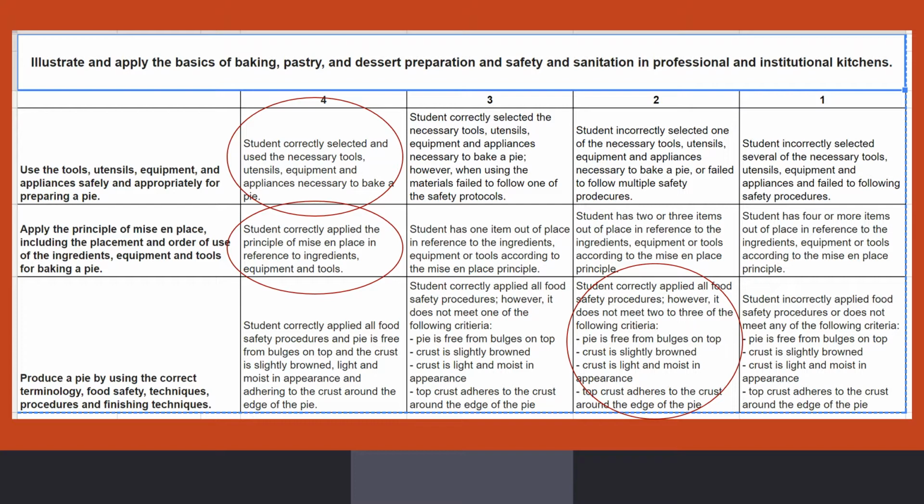Now, the nice thing about standards-based grading is we don't need the student to start from scratch and bake a whole new pie because the student's already demonstrated mastery of 2 of the substandards. We just need the student to demonstrate that he or she could finish a pie properly.